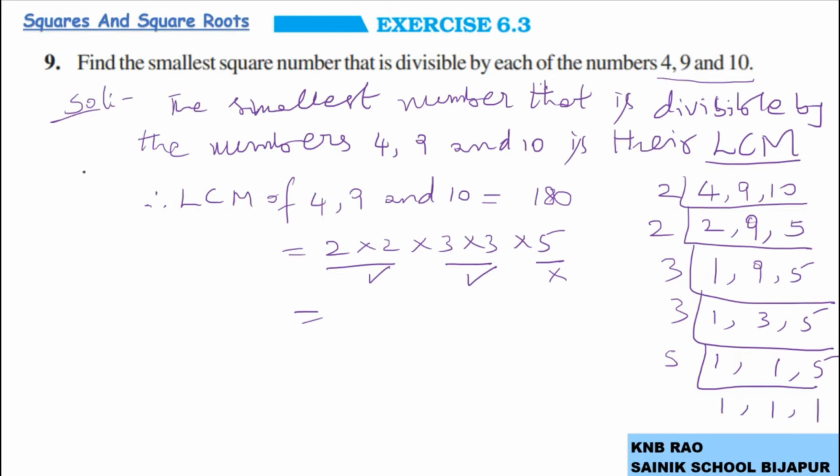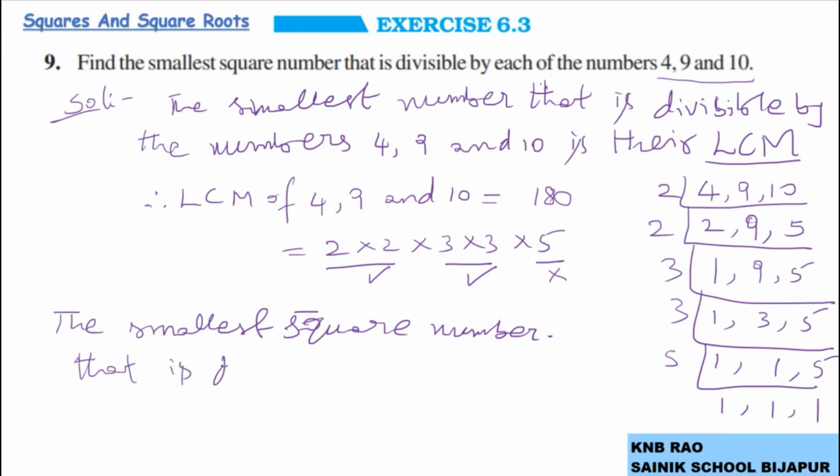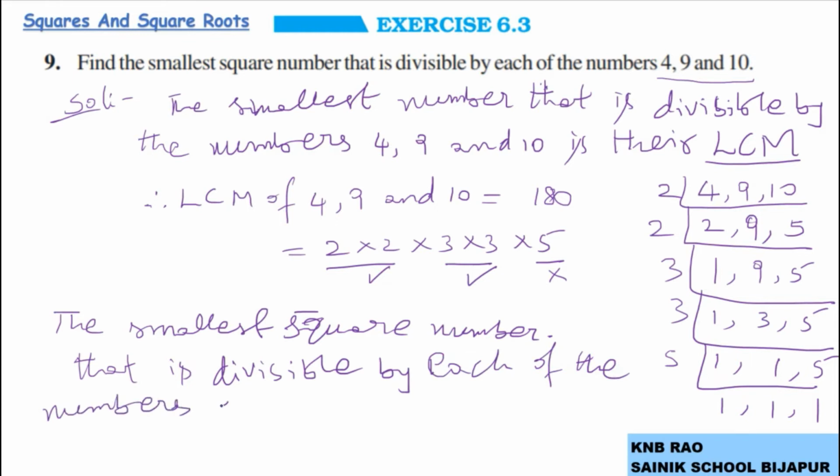So the smallest square number that is divisible by each of the numbers 4, 9 and 10 is 180 multiplied by 5, that is 900.